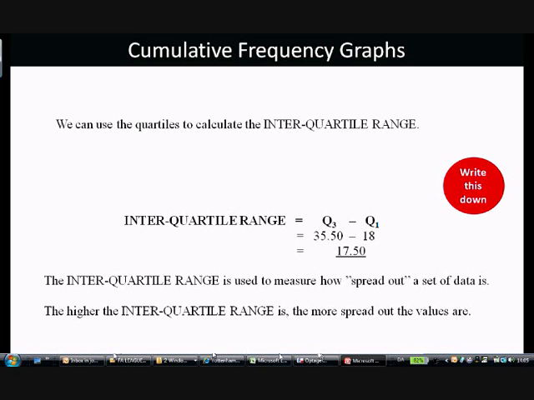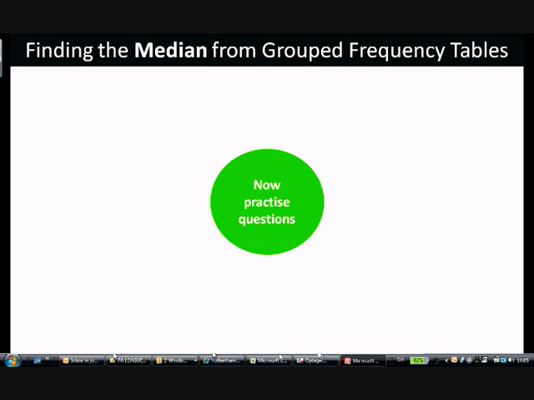So for example, if I give everybody in the group a test and everybody gets 72%, then the top quartile will be 72 and the bottom quartile will be 72, and the interquartile range will be 72 minus 72, which will be nothing because the test results aren't very spread out. But if I give everybody a test and some people get 100 and some people get 0 and all of the marks are spread out, then the interquartile range will be a much bigger number. So there should be some questions on that for you to try.